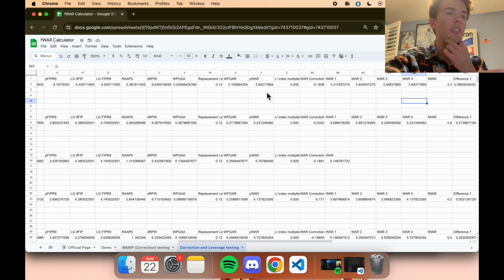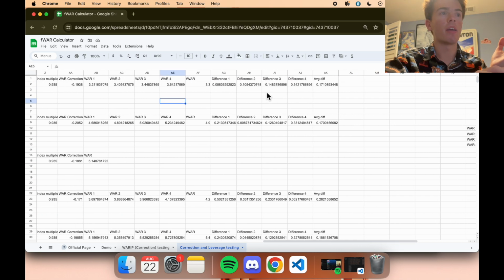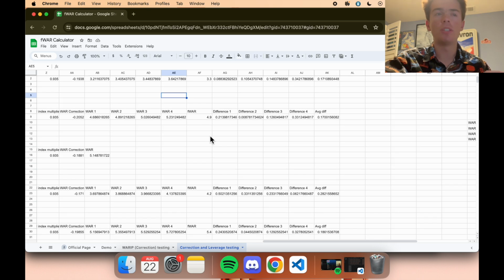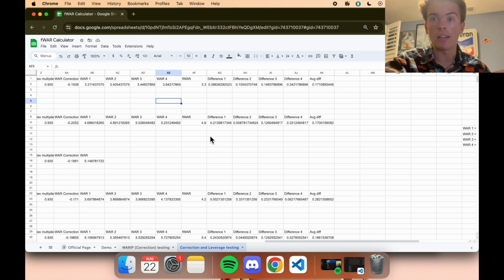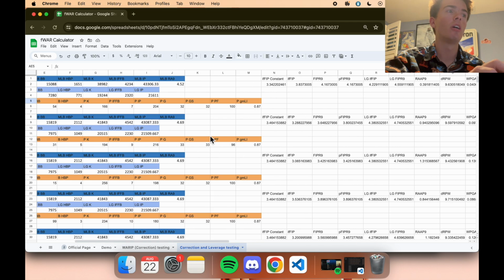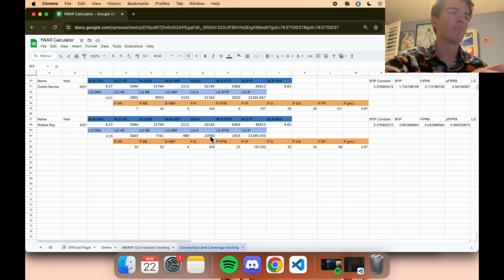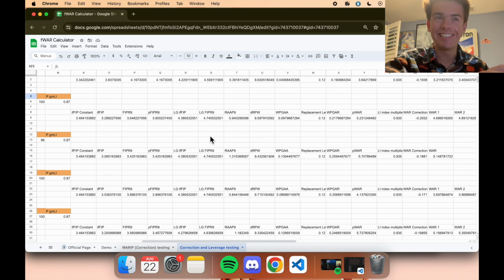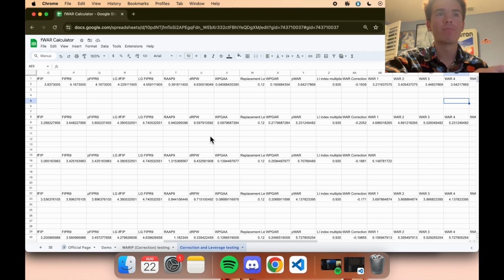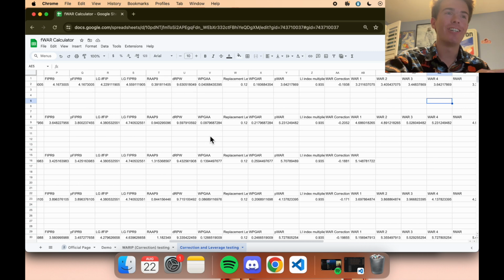That's why I use so many test cases and why I calculated so many different versions of WAR, because I wanted to know how much of this is just dumb luck and how much of it is actually making a noticeable change. So I have about probably 8 test cases, which isn't a huge sample size, but was enough for me.